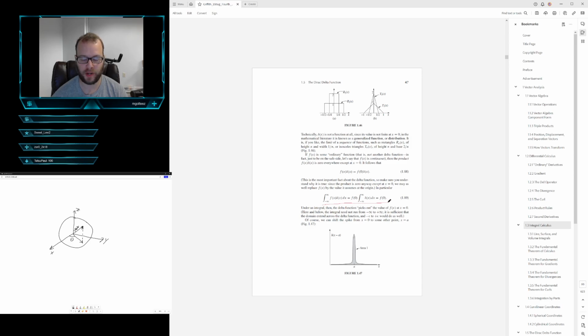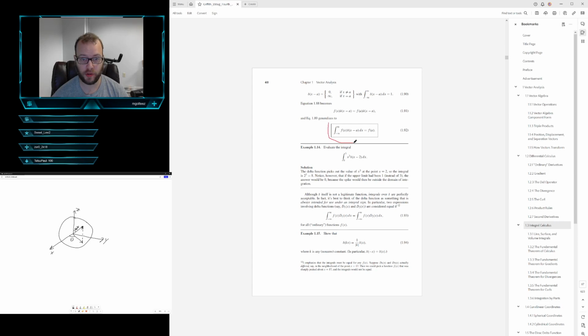This is the main property that you want to look at. The integral of f of x times the Dirac delta function of x dx is f evaluated at 0, times the integral of the Dirac delta function. The area of that is just 1, so you just have the function.